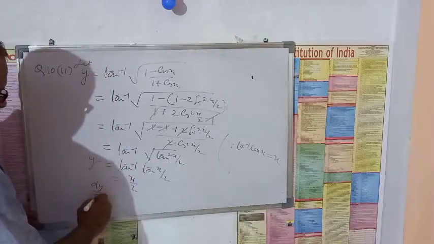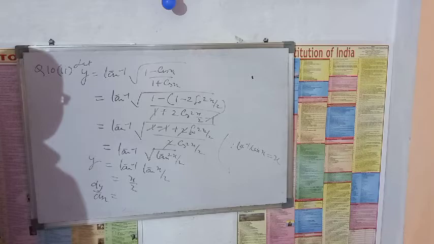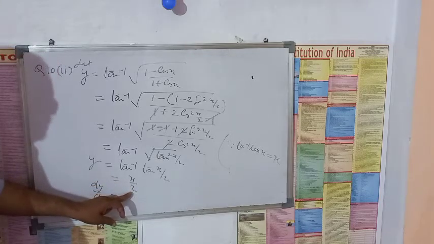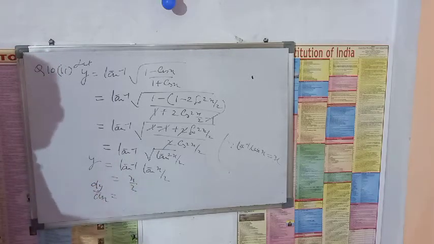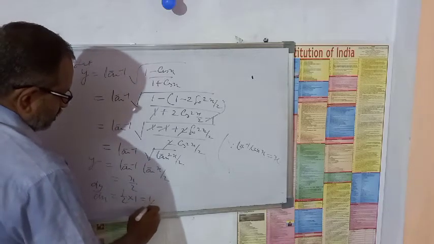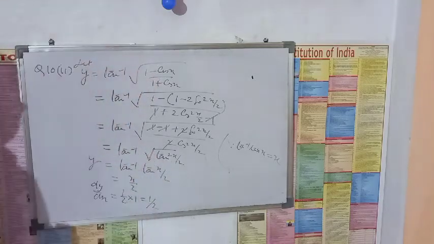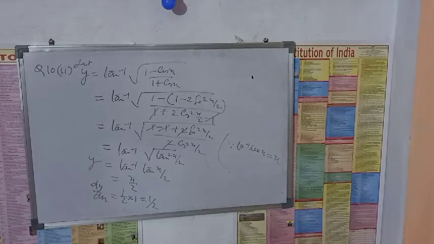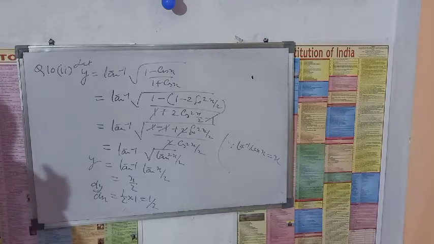Now differentiate it. dy by dx. 1 by 2 is constant and derivative of x is 1. So its answer is 1 by 2. Derivative of x is 1.